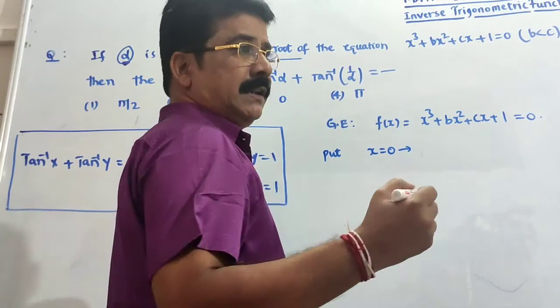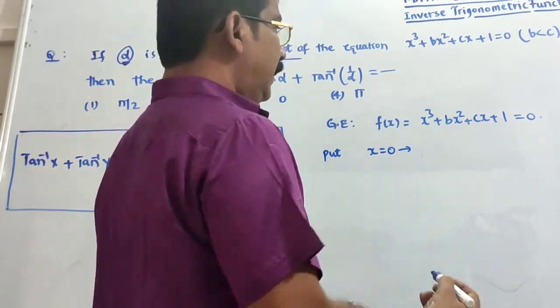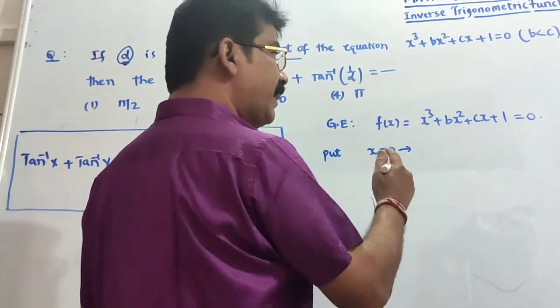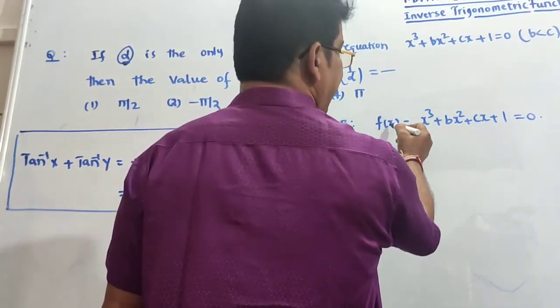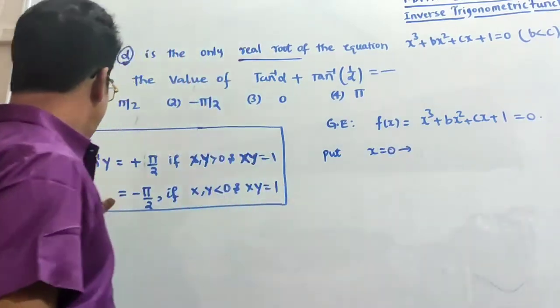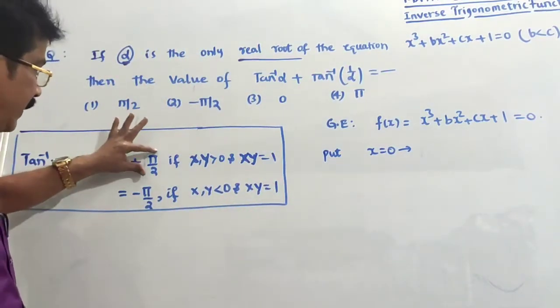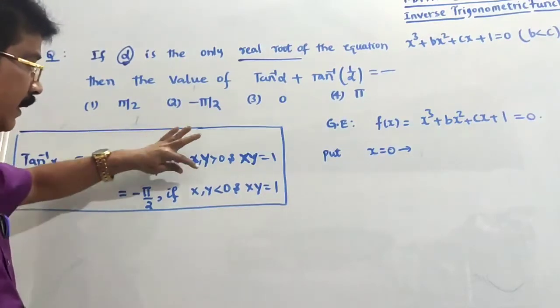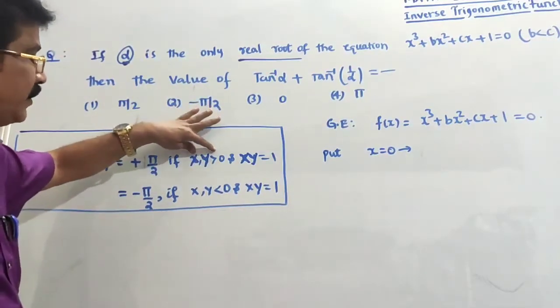It is a different approach to find the nature of alpha. What is the need of going this way? Here we have plus pi by 2 in one case and minus pi by 2 in another case, when both are positive or both are negative.